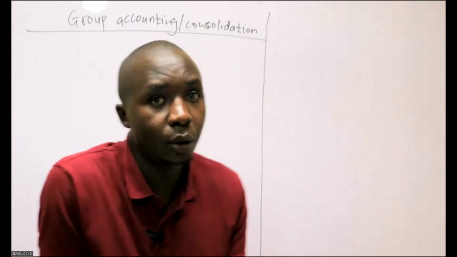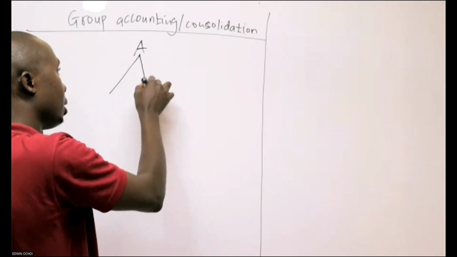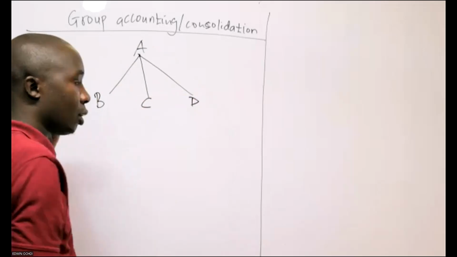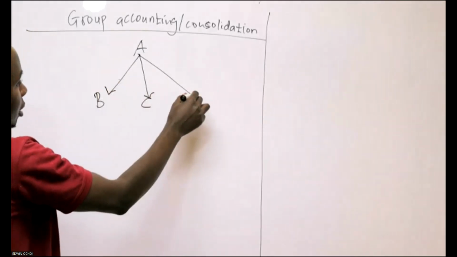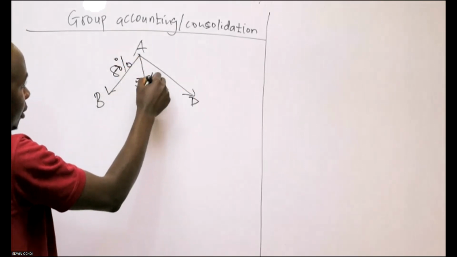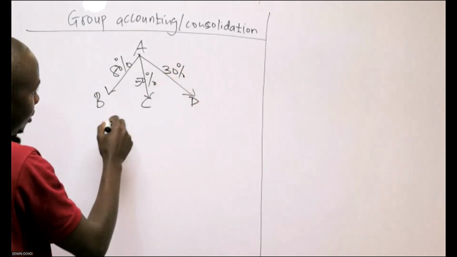So remember that in group accounting, you would have, say, A, which has acquired companies B, C, and D. You might find that B is acquired up to 80%, C is 50%, and D let's say 30%.